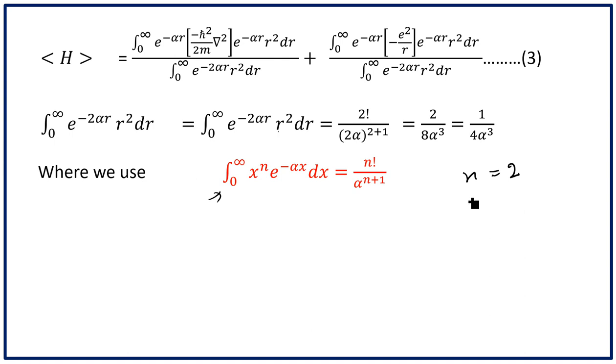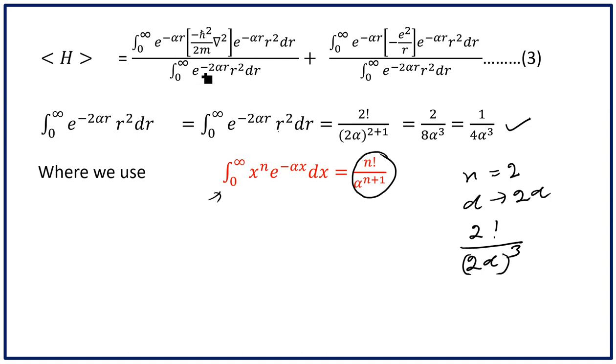So alpha is replaced by 2 alpha. The formula is n factorial upon alpha to the power n plus 1. That means 2 factorial upon 2 alpha to the power 3. 2 factorial means 2 upon 8 alpha cube, or 1 upon 4 alpha cube. This is the value of the denominator in both terms.